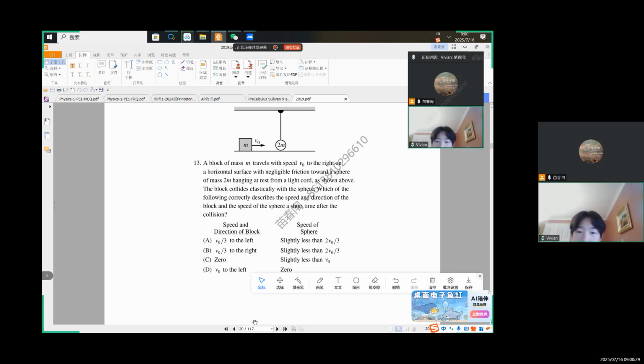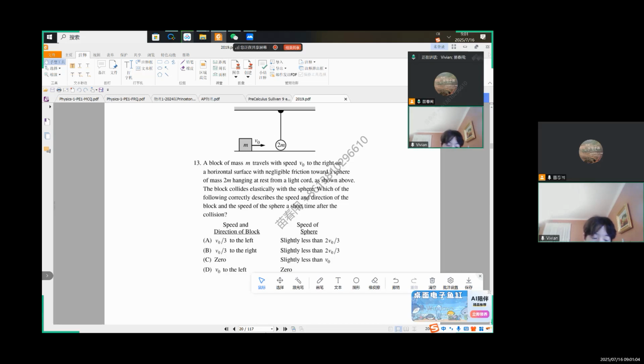If the block collides with the sphere, if it's an elastic collision, doesn't that mean the block afterwards is zero? The speed of the block is zero, even afterwards? Yeah.